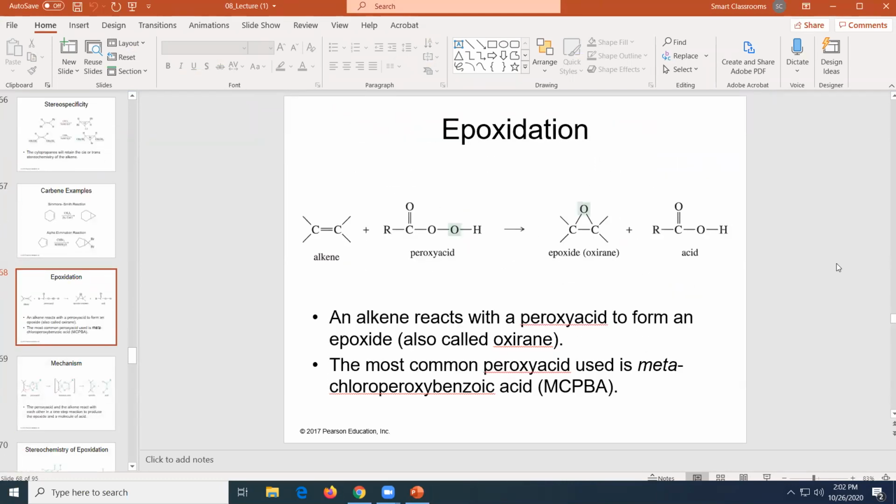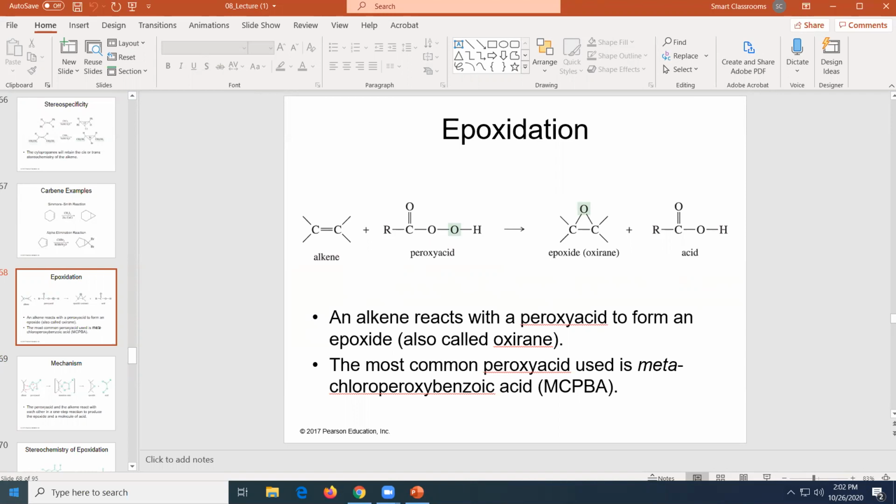Okay, so here is epoxidation. It uses a peroxy acid. In lab this week, we'll be using metachloroperoxybenzoic acid, or MCPBA. And cholesterol, as we saw last week, has a double bond.